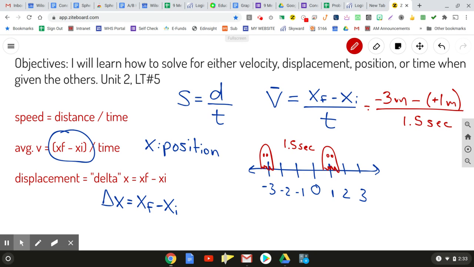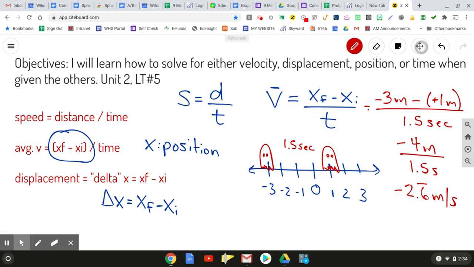If you do the numerator here, you will get that you went 4 meters backwards, hence -4 meters in 1.5 seconds. If we were to divide those two, I believe here we would get -2.6 repeated meters per second for our velocity.